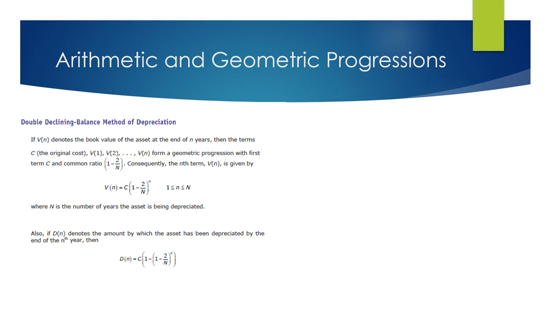Also, D of n denotes the amount by which the asset has been depreciated by the end of the nth year. Again, they're giving you another formula that you really don't need to have. The reason is that if you know what the starting amount was, what it was originally worth, and you know what it is now, you don't need an extra formula to calculate how much it's depreciated, because you just take a difference.